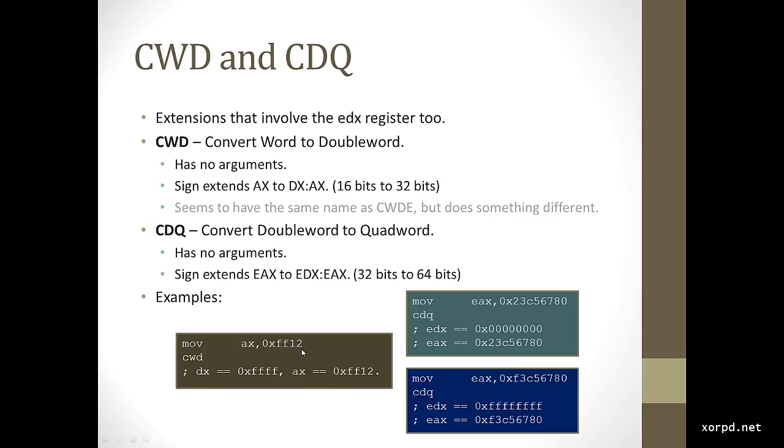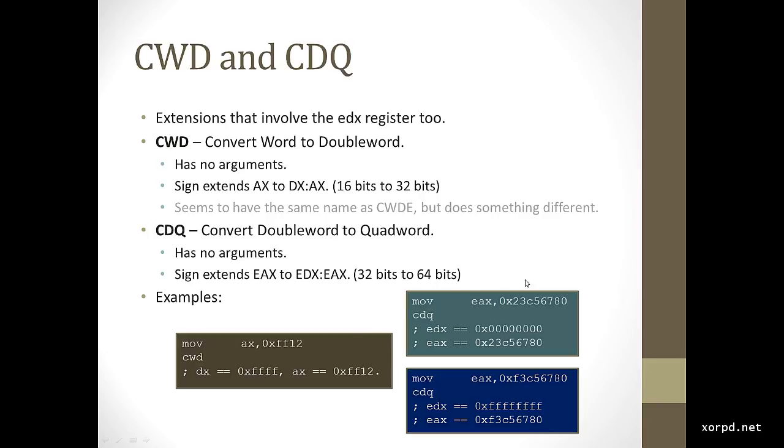And indeed, the result as expected is extension of AX into DX AX, and DX is filled with 1s because AX was negative. It begins with the bit 1. It has 1 as the highest bit.